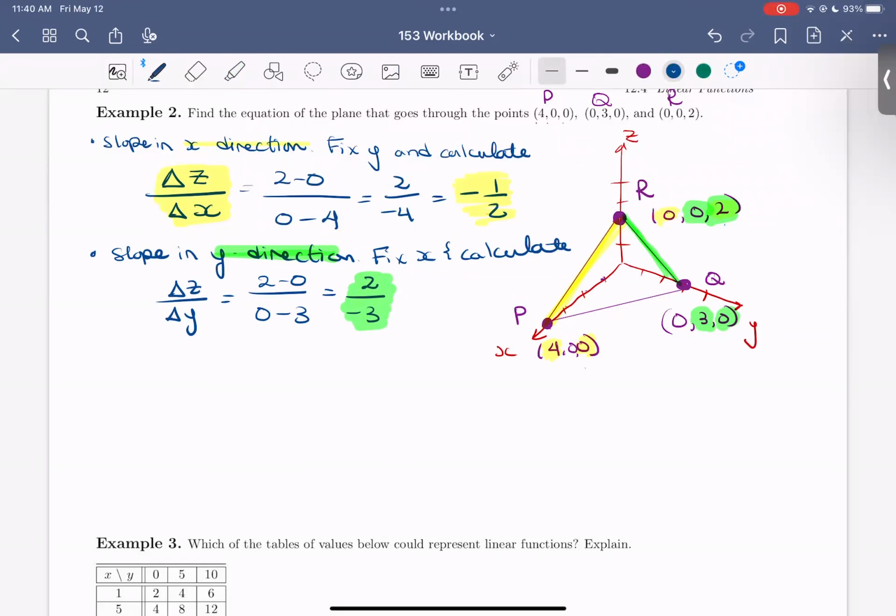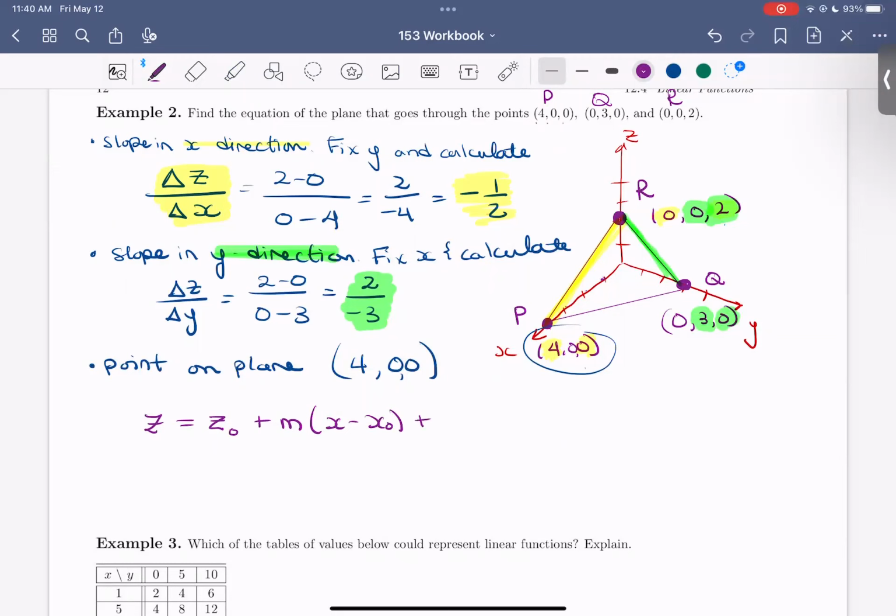The only thing we need left is a point on the plane to write the equation. We can choose any of the 3 points given to us. I'll choose (4, 0, 0). Now we're ready to write the equation. Looking at the previous page, that equation is z equals z naught plus m times x minus x naught plus n times y minus y naught.